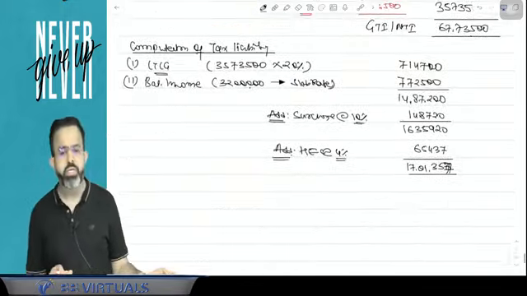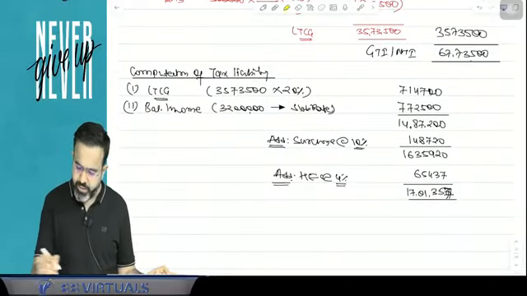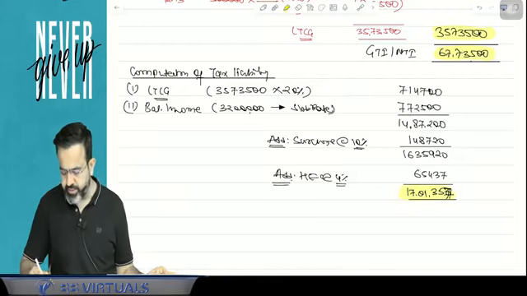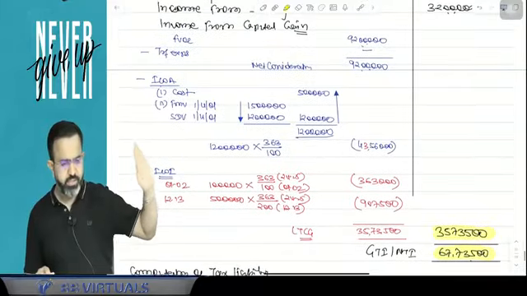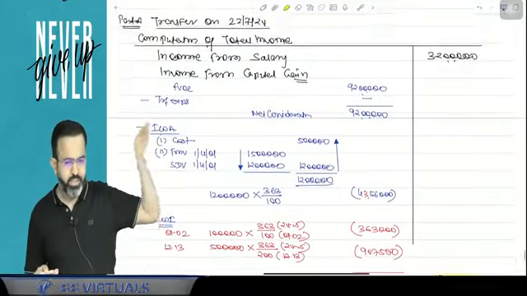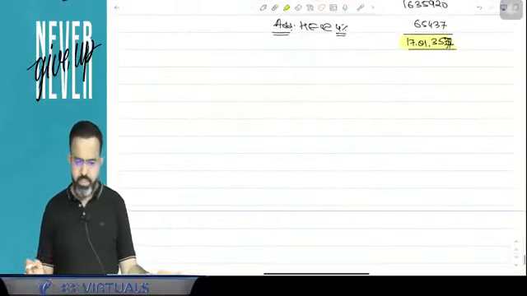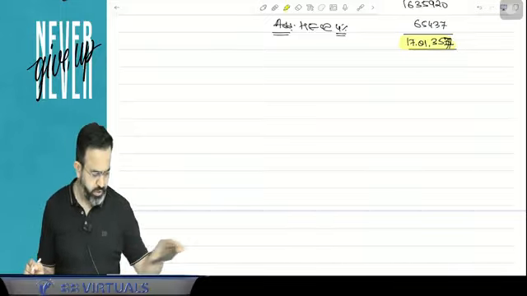So part 1: your capital gain is 35,73,500, total income is 67,73,500, and your tax liability is 17,01,357. If it is transferred before 23rd July, then obviously indexation and everything was there. Now if it is transferred on or after 23rd July 2024, then what will happen?